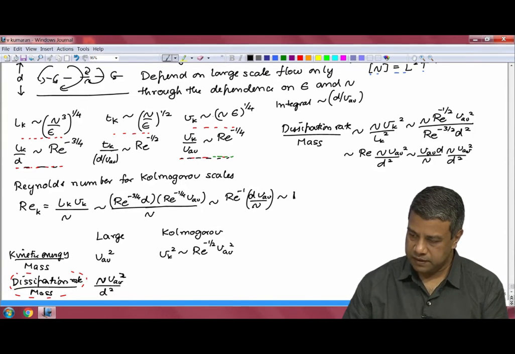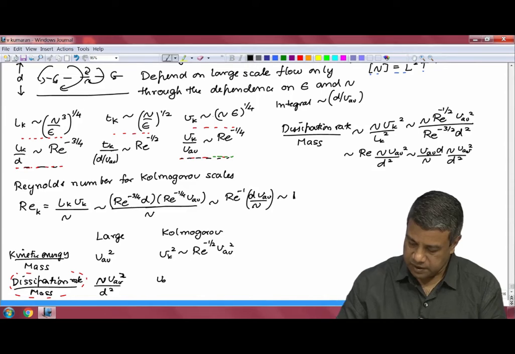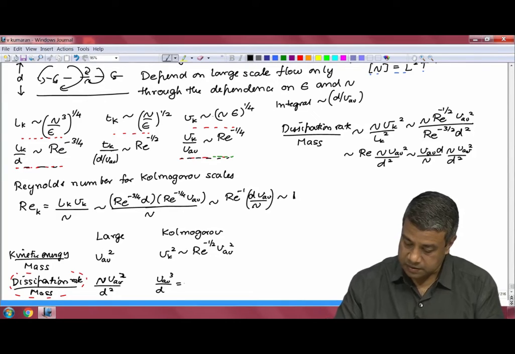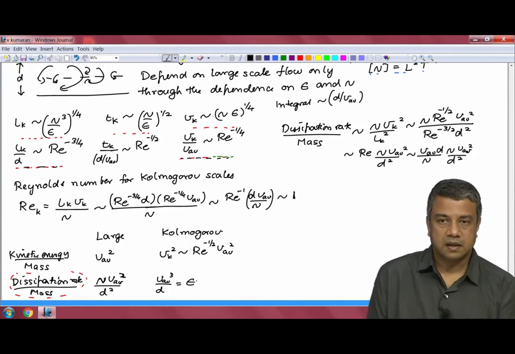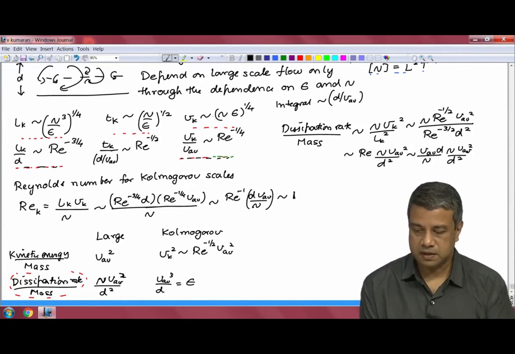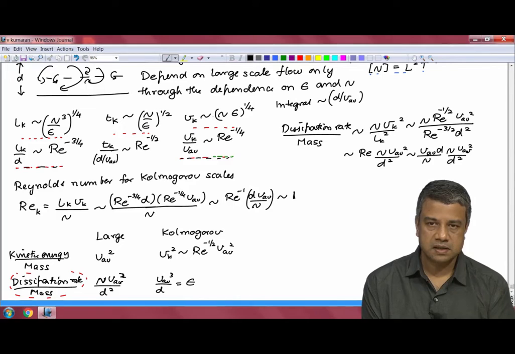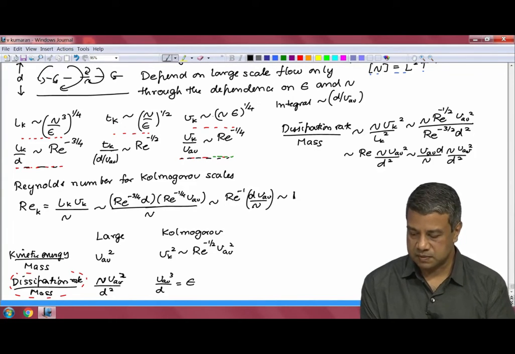And you can easily verify that this is V average cubed by d, okay, which is the same as epsilon. Okay. The rate of dissipation of energy per mass is the same as the rate of energy input at the large scales. So, all of the energy that is being put in at the large scales is being dissipated at the small scales. Okay.